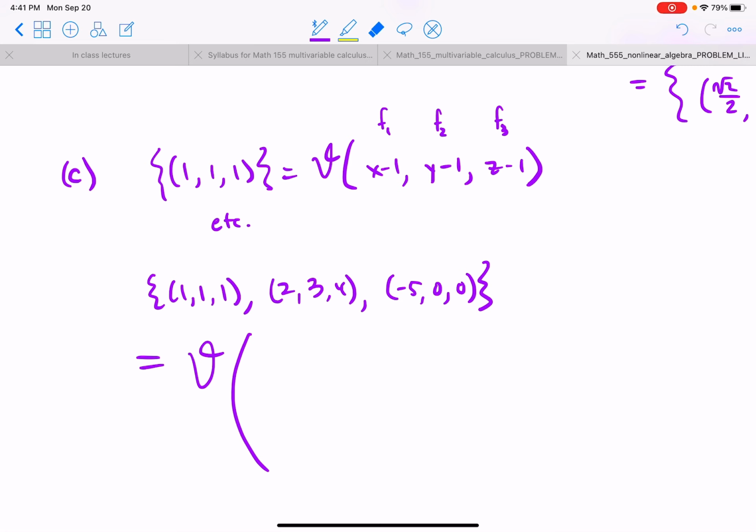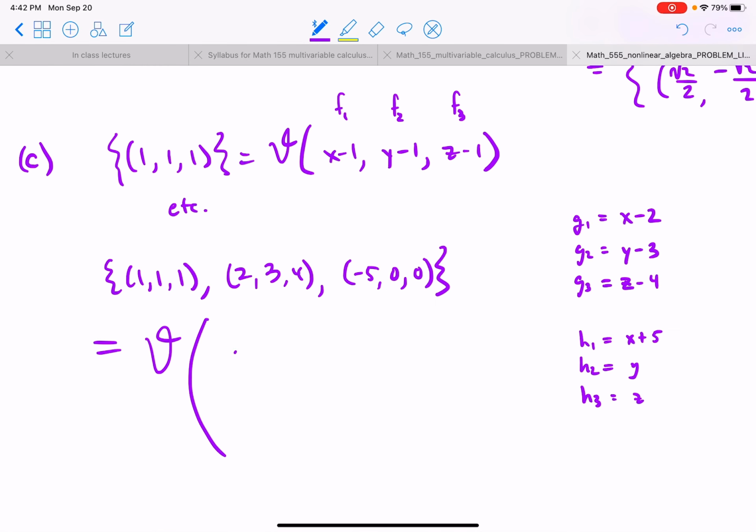And let's call G1 be x minus 2, G2 will be y minus 3, G3 will be z minus 4. H1 will be x minus 5, H2 will be y, and H3 will be z.